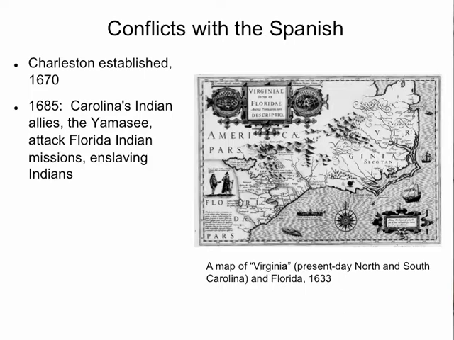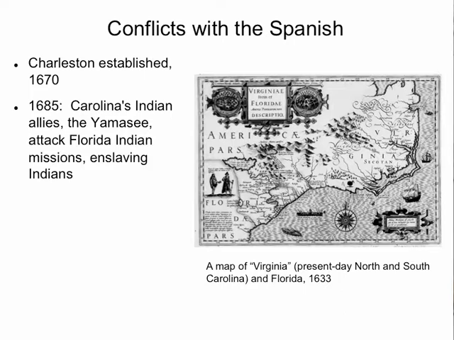In 1685, the Carolina settlers got a local Indian tribe called the Yamasee to attack the Indian missions in Florida, kidnap the Christian Indians, and bring them back to Carolina so that they could become slaves. And they did that very successfully.